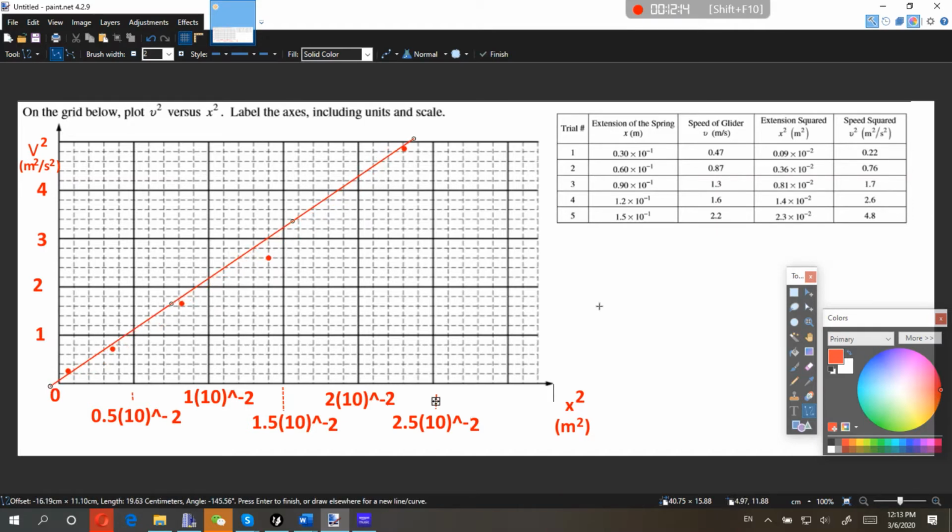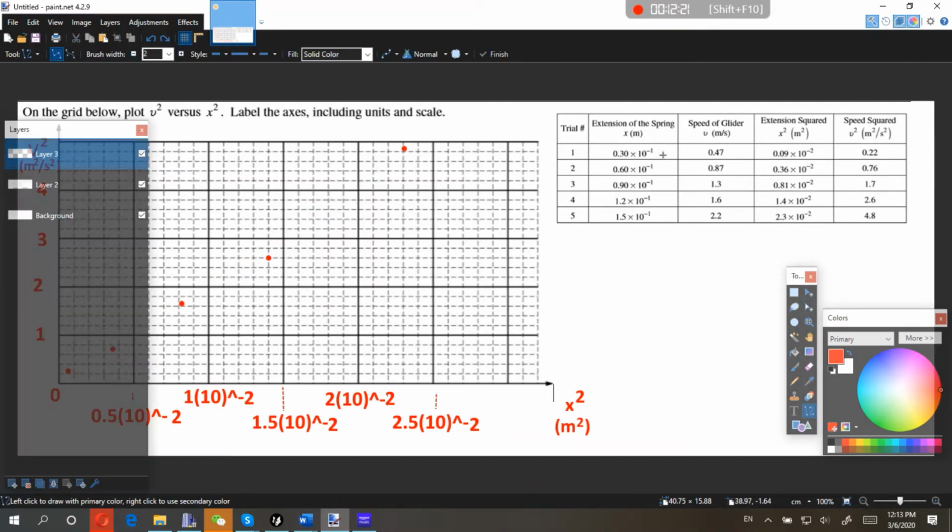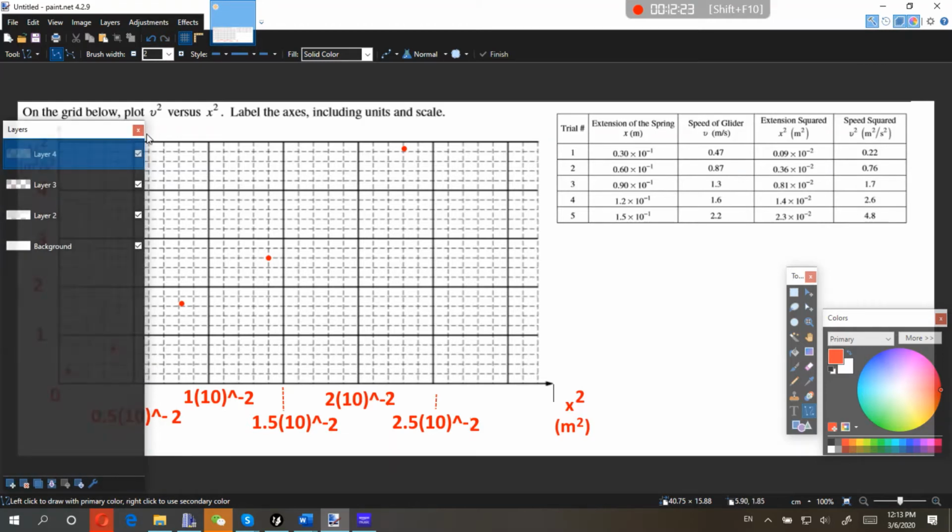Okay, so if I do this, maybe from... Okay, that doesn't look quite right. Oops. Should do this in another layer. There we go.